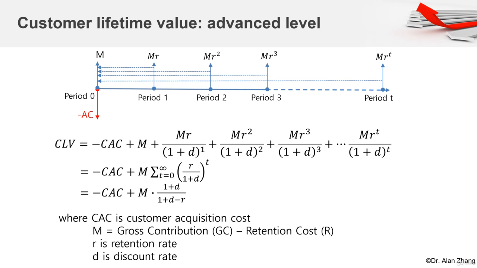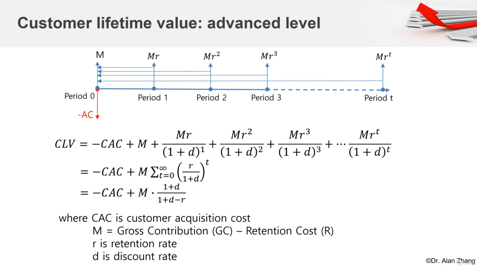The first component is CAC, which has a negative sign in the formula. The second component is capital M, the average net cash flow. Because it occurs at the initial time period 0, it is not discounted.